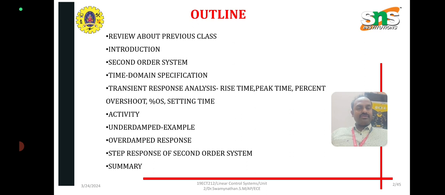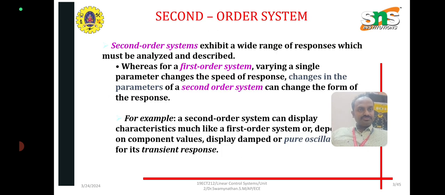Today we discuss second order system time domain specification, transient response analysis, rise time, peak time, percentage overshoot, settling time, and activity. After the activity, the underdamped examples, the overdamped response and the step response of the second order system summary we will discuss in the next video.